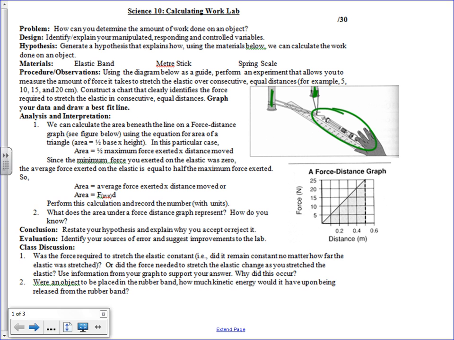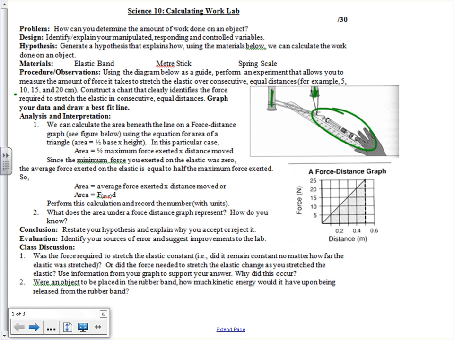Everybody follow? And the resulting force is directly related to the amount of work, since force times distance equals work. So we kind of have two responding variables. One of them is going to be used to calculate the other. But obviously the manipulated variable is that thing that we are choosing.